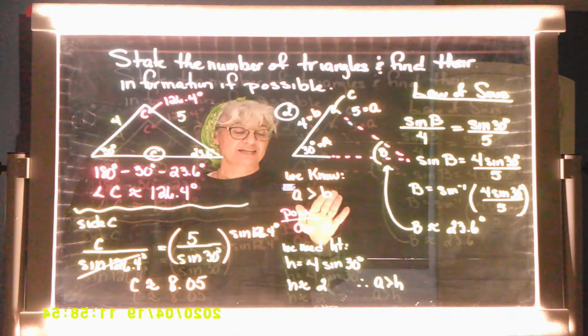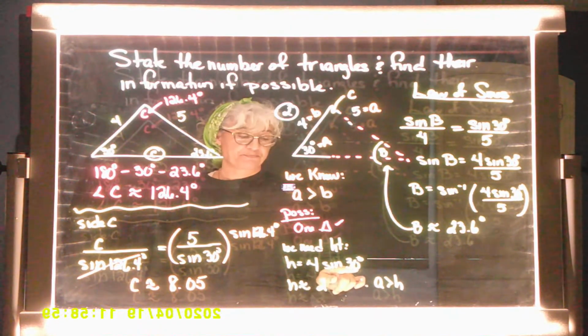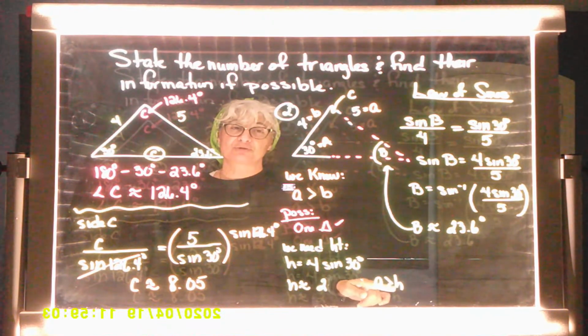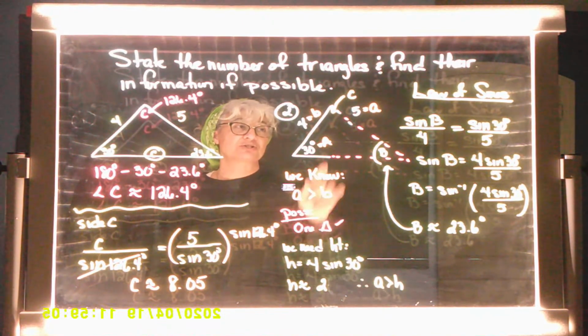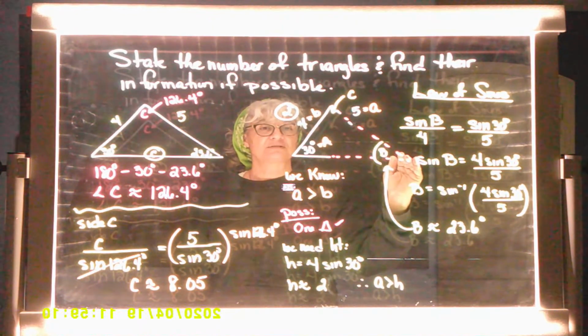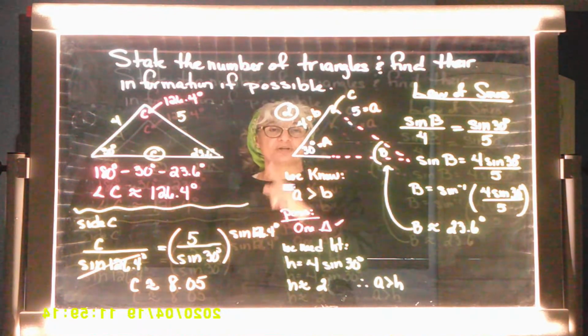And to find the height, we had to do B times the sine of angle A, which gave us a value of 2, which means A was also larger than the height. So since it was larger than B and larger than the height, it was going to swing out and create this triangle. So I did indeed have one triangle.